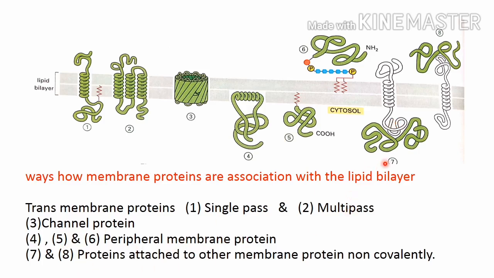And here, proteins number 7 and 8 are transmembrane proteins, and other types of proteins are arranged with these transmembrane proteins through certain non-covalent interactions, both towards the inner surface of the cell as well as towards the outer surface, that is, the extracellular surface. So this was all about the cell membrane.